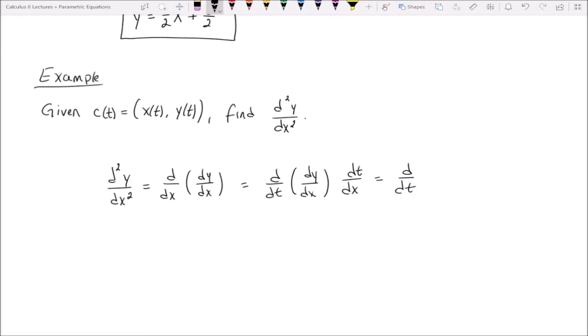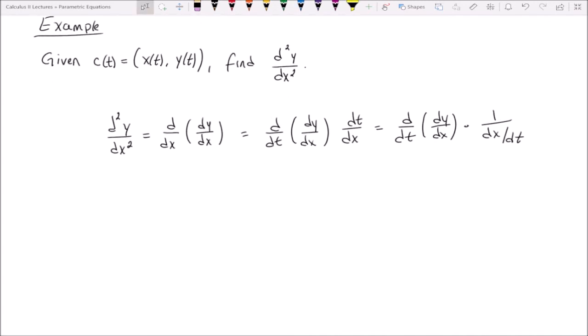But this will be d dt of dy dx times 1 over dx dt. Well, we already know what dy dx is.